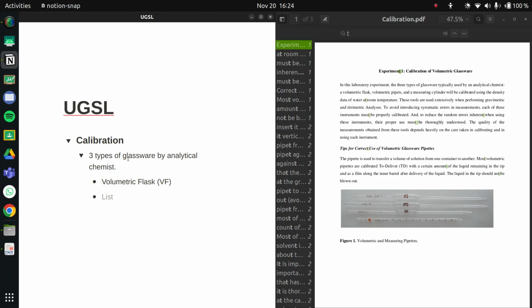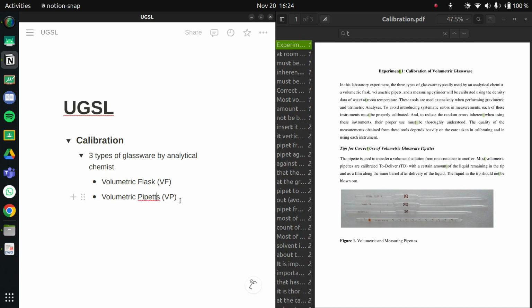Volumetric pipettes, or pipettes, or whatever this thing is. I think the spelling is wrong. It should be P and P. Nope, spelling is just wrong, isn't it? I think it's like double T or something.